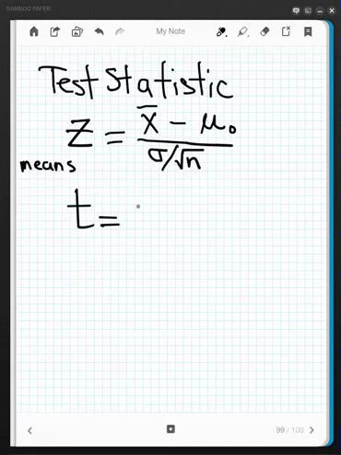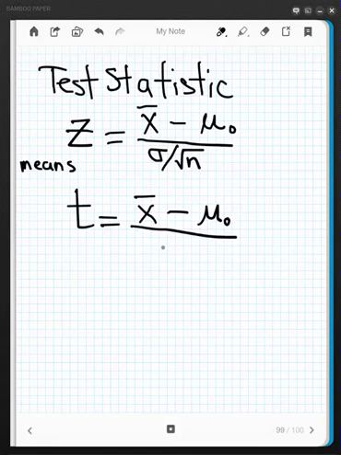If it's a T, then I don't know the standard deviation of the population, so that's all that changes. We still have the mu under the null hypothesis, and instead of sigma it's S divided by the square root of n. That's our test statistic.